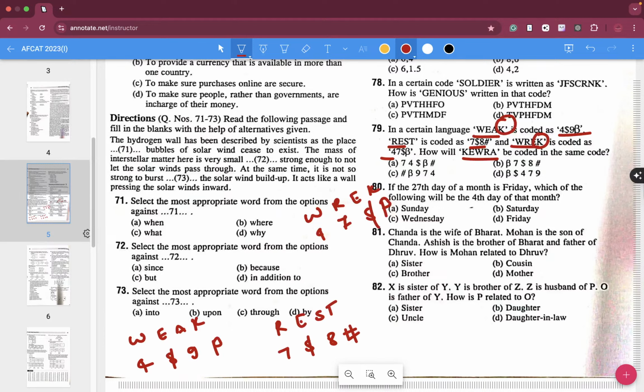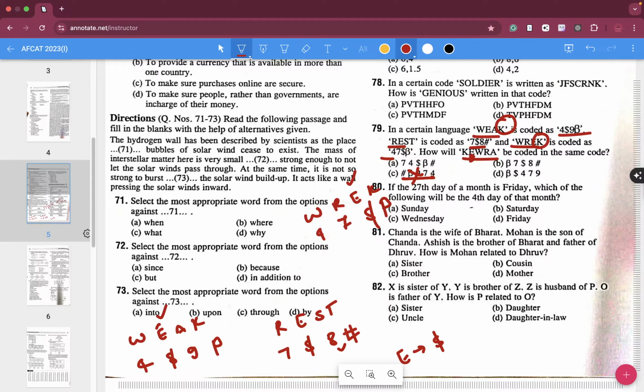In this E is common. So one thing is certain that E means dollar, which means there has to be a dollar, which means the other option is not the correct answer.